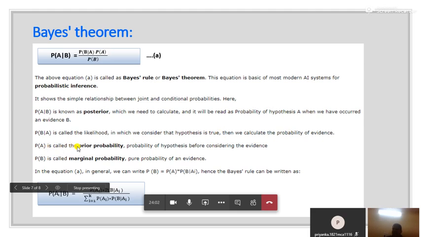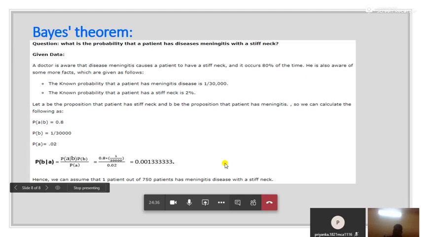P(A) is the prior probability, the probability of the hypothesis before considering the evidence. P(B) is the marginal probability, the pure probability of the evidence. In general, we could write P(B) = P(A) into P(B|A), hence the Bayesian rule can be written like this. I think you are already familiar with this Bayes theorem, so we are moving directly to the numerical of Bayes theorem.